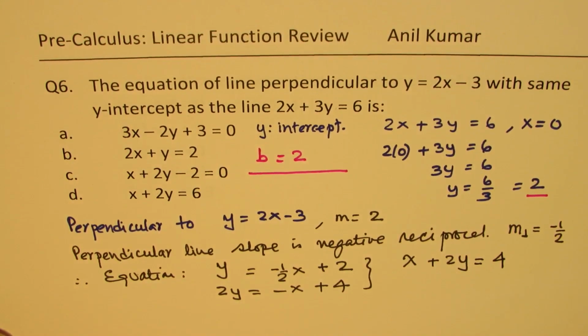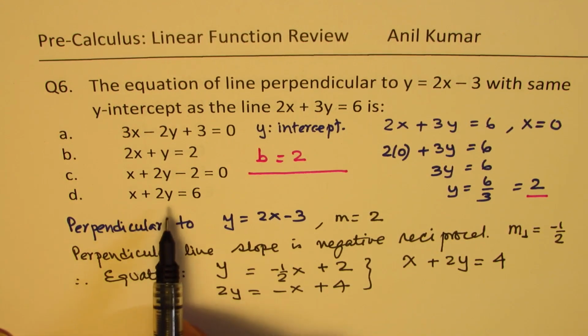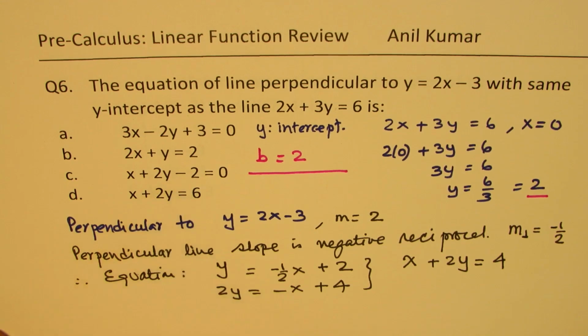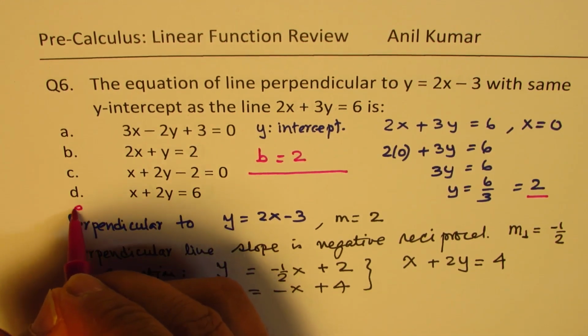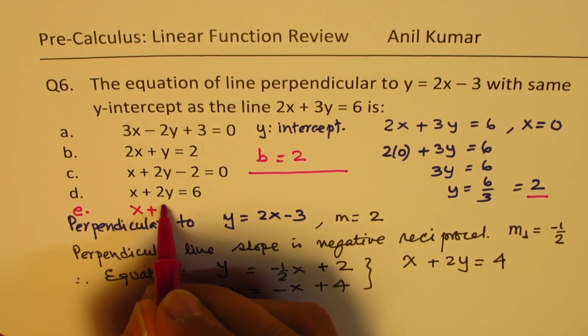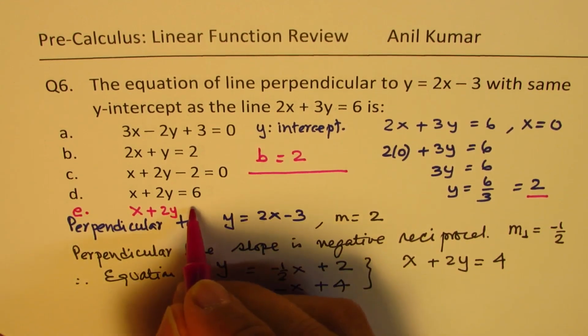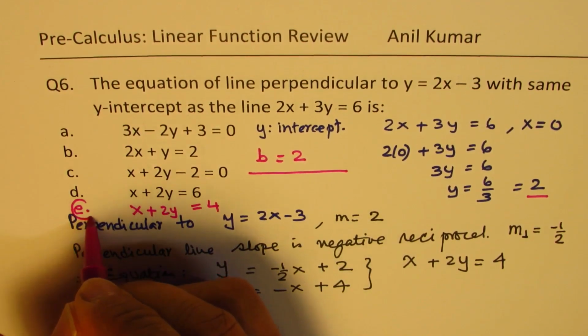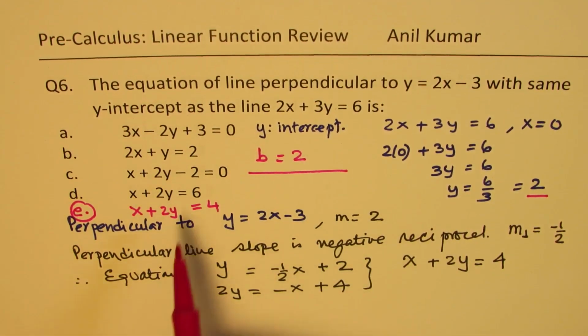So x + 2y = 4 is the equation, which is none of them, right? So let me make a correction here. Let me write option E, which is x + 2y = 4, and that is the correct option. Sorry for all these wrong options, there must be a typing error somewhere, right?